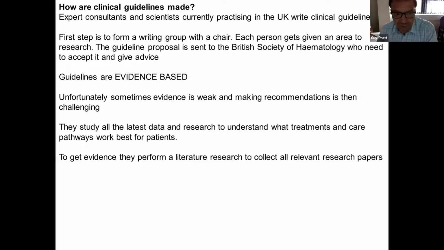So British Society of Haematology does provide help in terms of doing the literature search, which is actually quite a lot of work. And there's various online publication sets such as PubMed or Medline, where you put in a keyword and it will search up all the relevant research in that area.